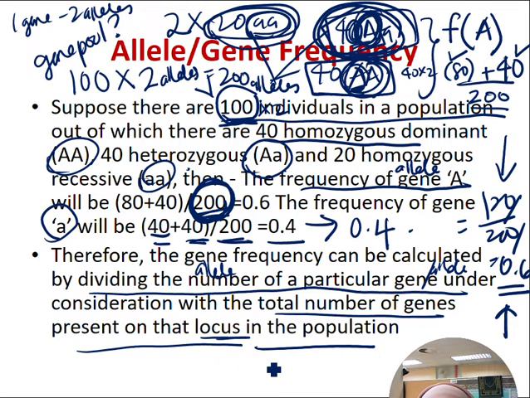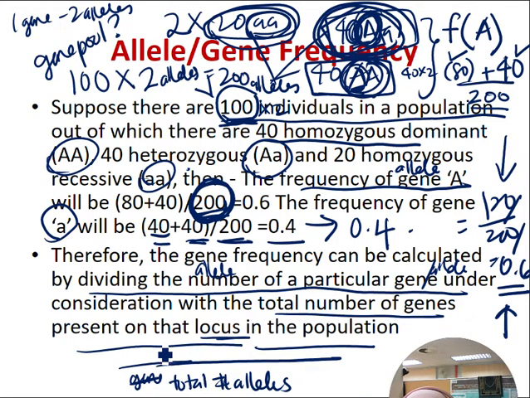The concept is the gene pool: the total number of alleles of that gene in the population, where you multiply by 2, over the total alleles you want to calculate.